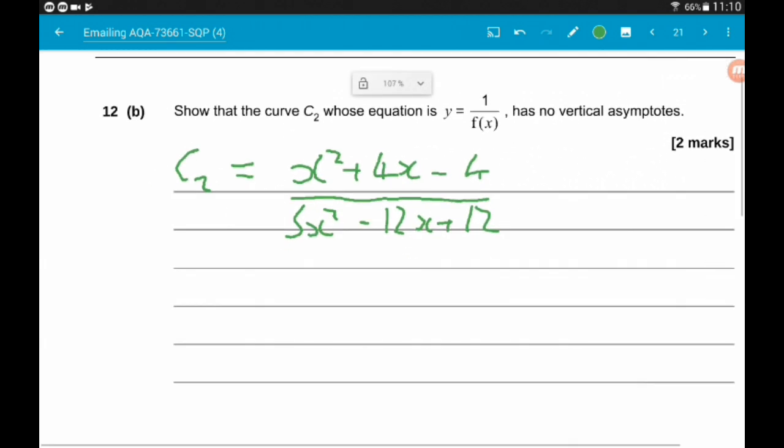Okay, so vertical asymptotes would happen if the denominator was equal to 0.